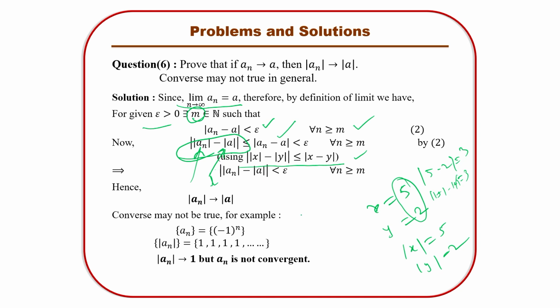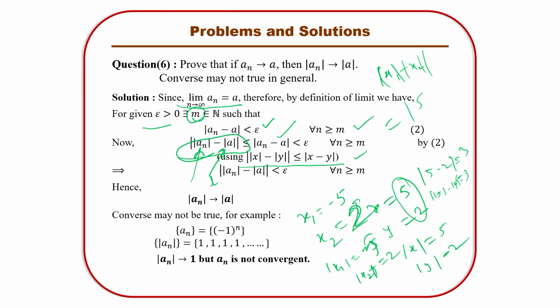But look at this. Take x1 equal to minus 5 and x2 equal to 2. So modulus of x1 is 5 and modulus of x2 is 2, and hence modulus of x1 minus modulus of x2 is 5 minus 2, equal to 3.